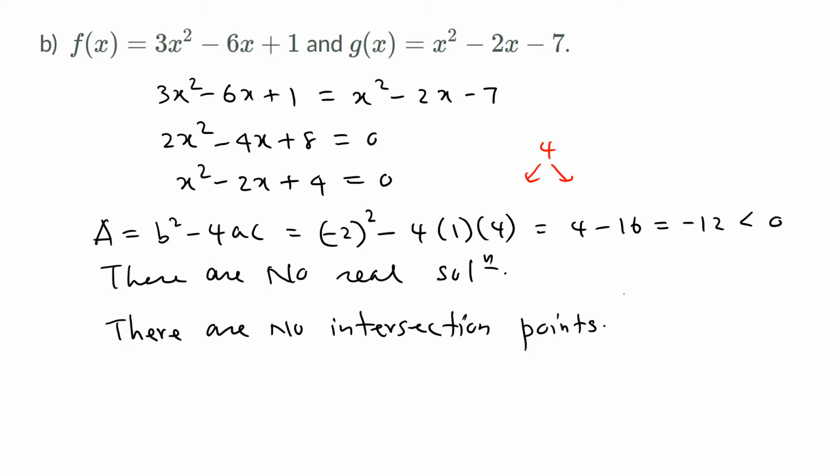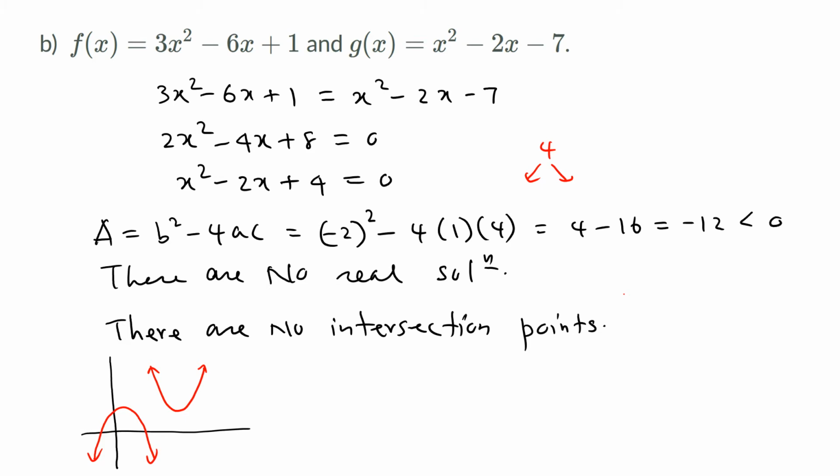One of the easy cases would be something like this. Let's say you have two graphs. One graph is going like that, the other one is going like this. In this case, you can see that they never cross each other. But here both graphs are concave up, both going up.